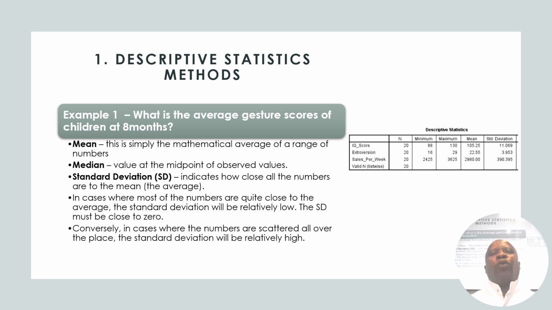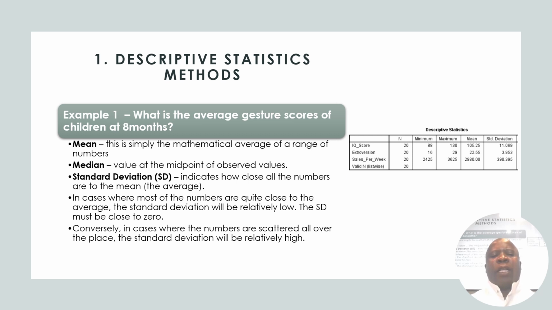And we would want a standard deviation that is close to zero, because a standard deviation which is close to zero shows us that most participants or most numbers are close to the average.